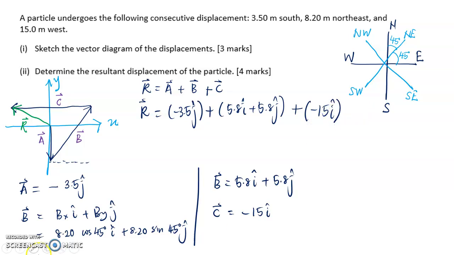Remember that whenever you want to add vectors, you have to add according to the component. So we only need to add the same components: 5.8 i plus negative 15 i, and then negative 3.5 j with positive 5.8 j.